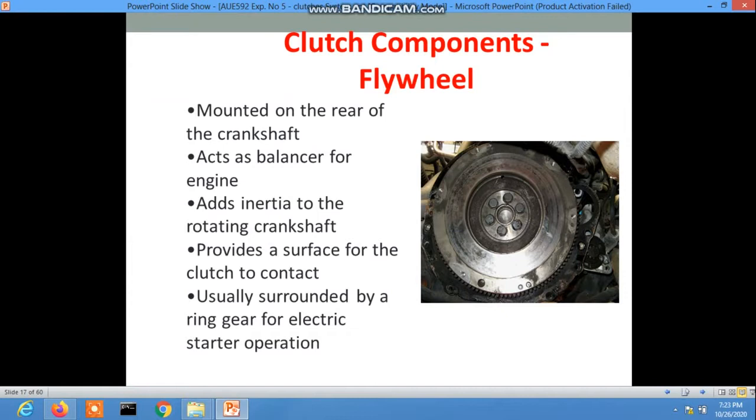Here is the surface where the clutch surfacings make contact. So this is the friction area, usually surrounded by a ring gear for the electric starter operation.